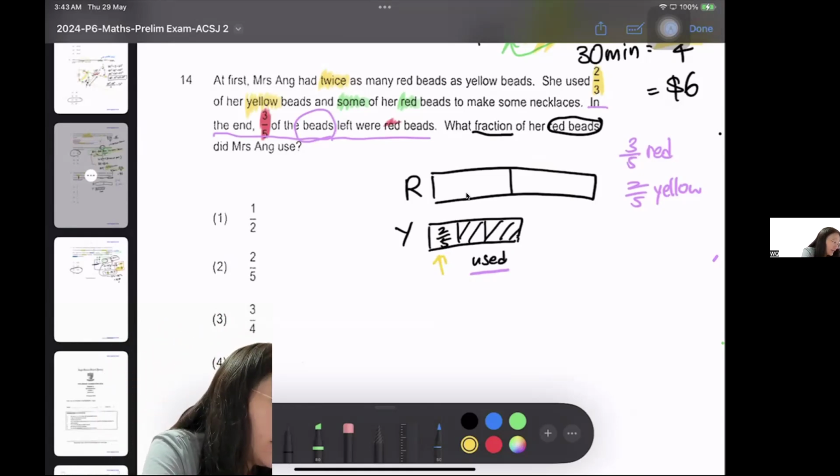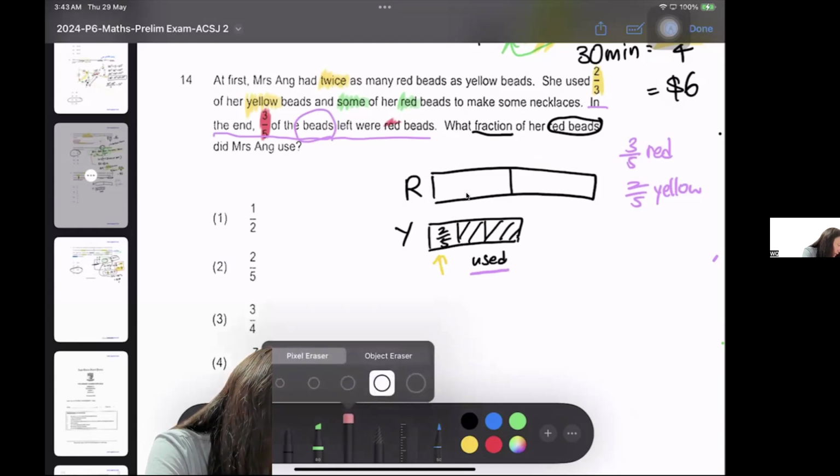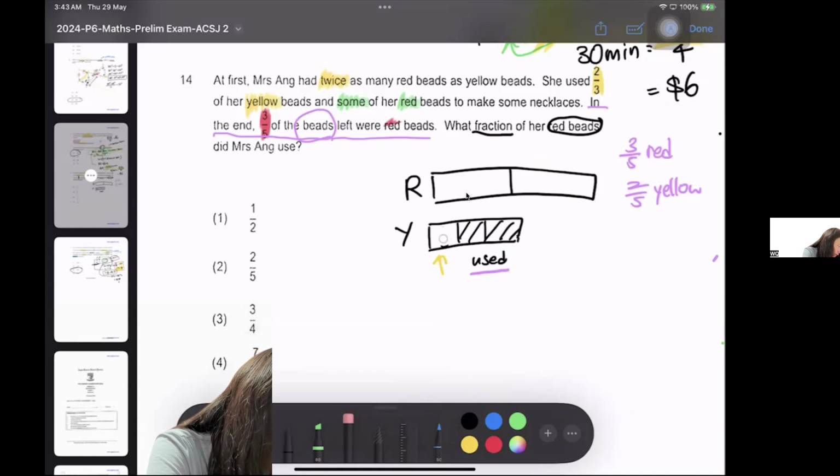So let's cut it into 2 parts. Maybe we put down the 2/5 at the bottom first. We write here, this is 2/5, and we cut everything into 2 parts like that.